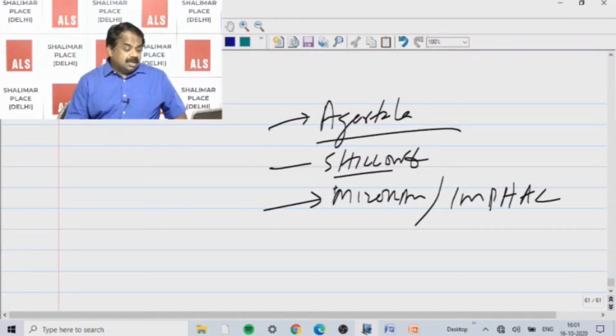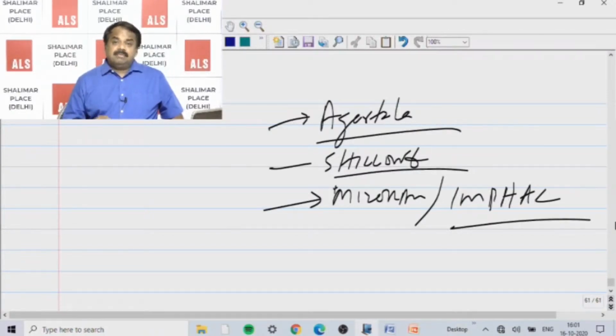Especially to Agartala, Shillong and Imphal, the travel time can be substantially reduced.